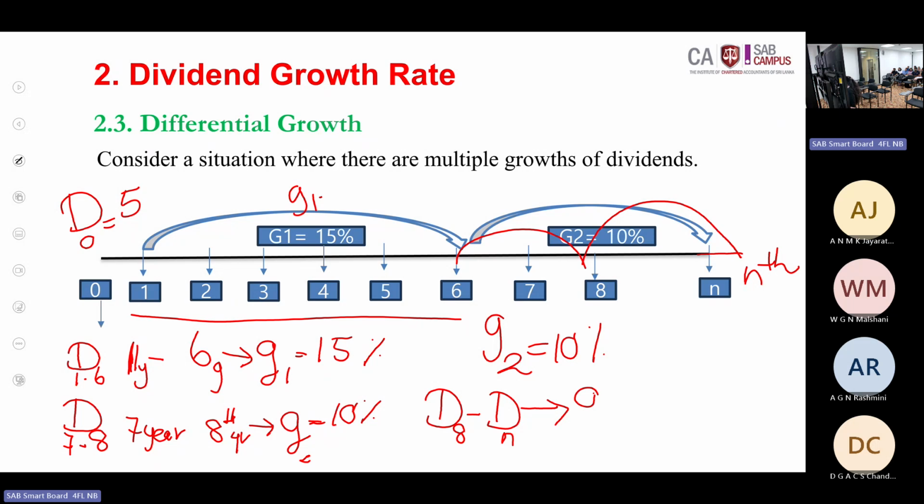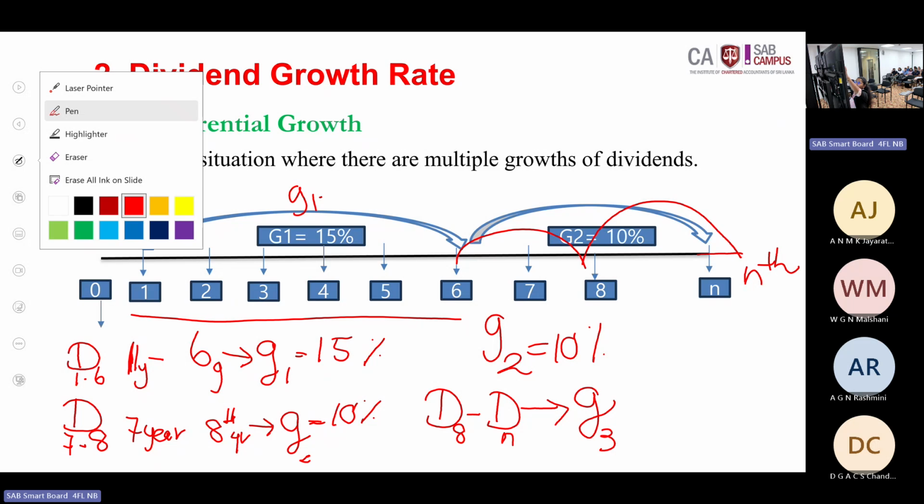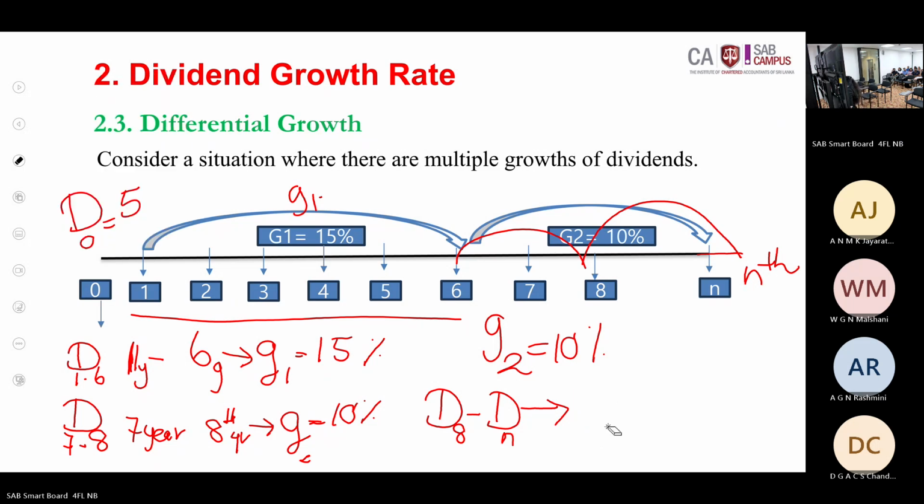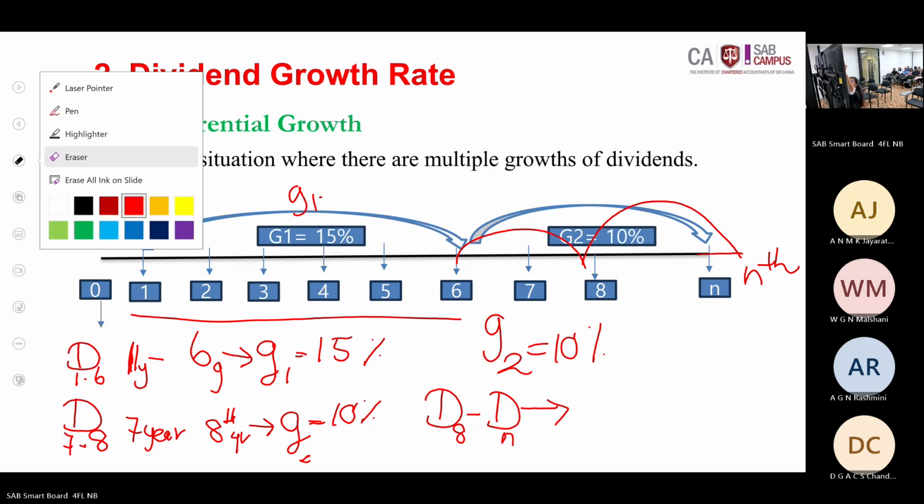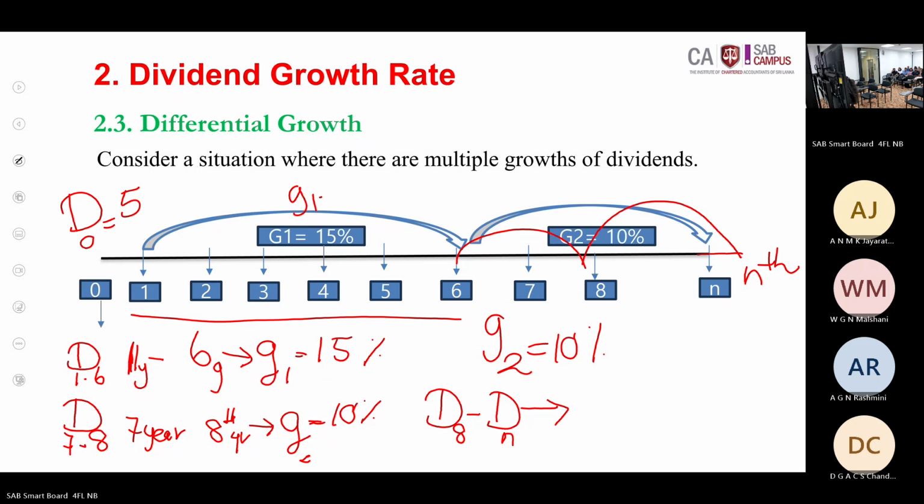Our dividends will be growing at G3, starting from the 8th year to the nth year, at 5%.